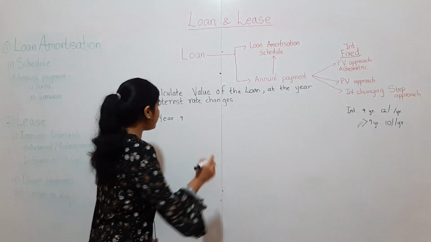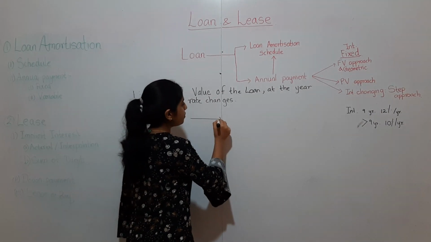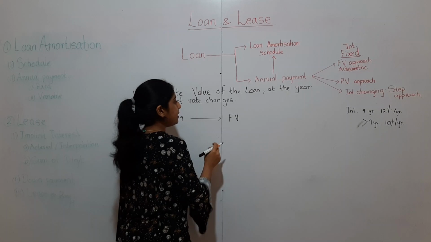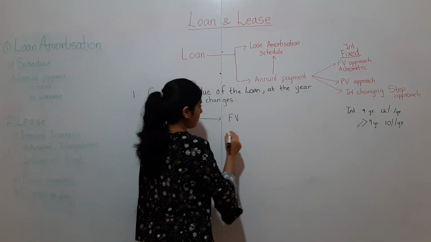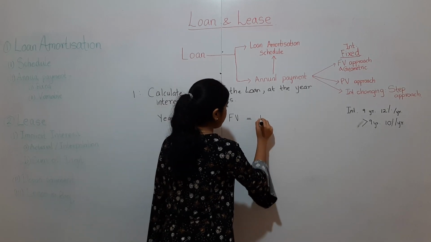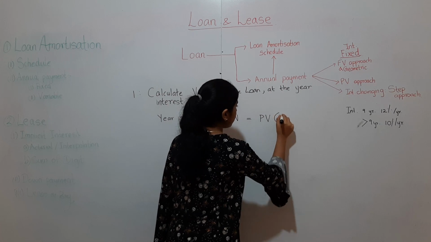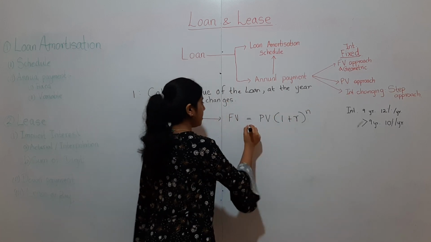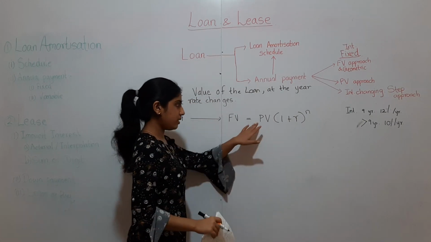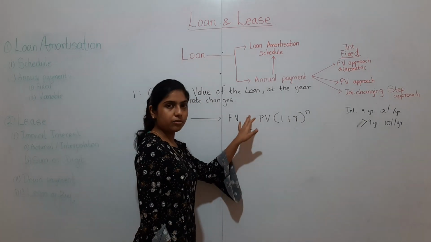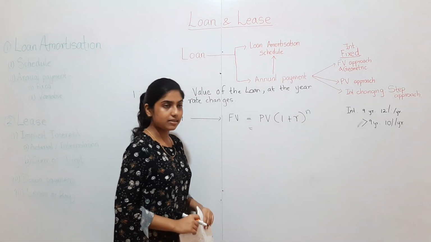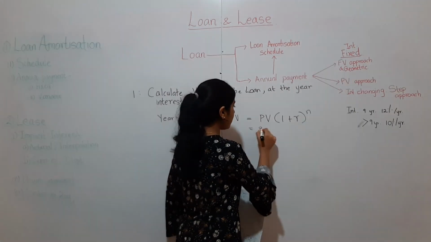You can find it by calculating the future value of the loan, basically applying the future value formula, which is future value equals present value multiplied by 1 plus r to the power n. Present value is the amount we borrowed from the bank, that is 30,000.